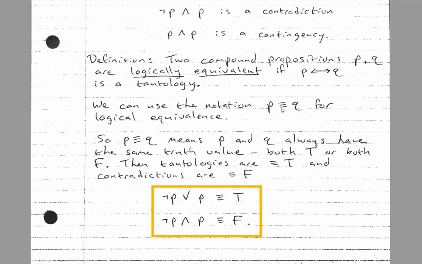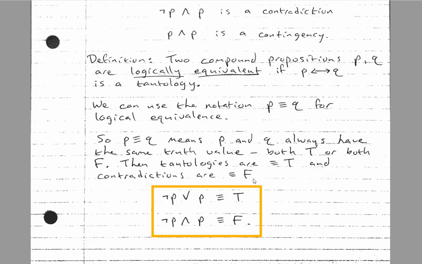Alright, so we're using this symbol with three lines for equivalence. It's like equality for numbers. With this notation, tautologies are equivalent to T, they're always true.